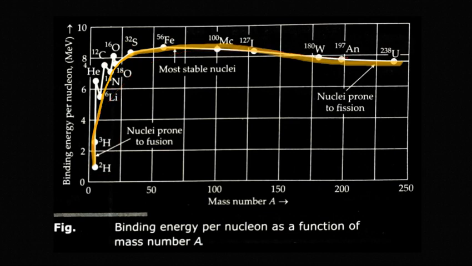Fine. So if I want to say what will be the binding energy of any element which has a mass number 100, then you can check from this curve, it will be slightly greater than 8 but less than 10. Clear?